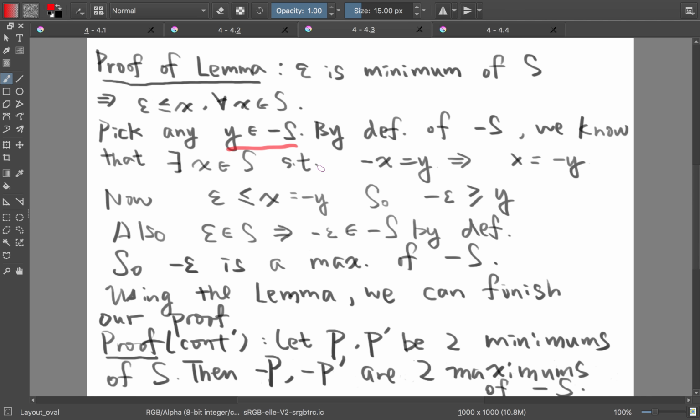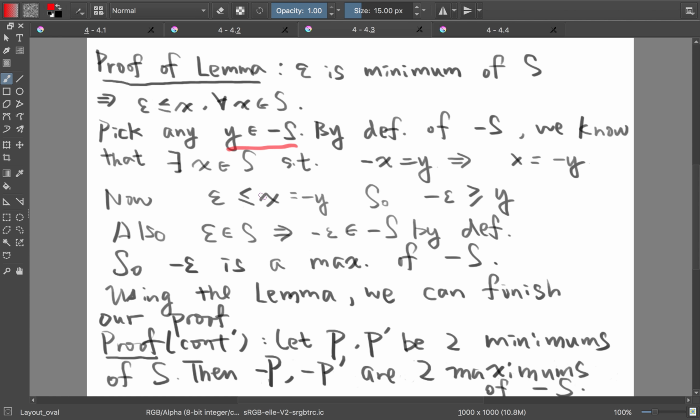So how can we do so? First of all, by the definition of negative S, we know that there exists some X inside S such that negative X is equal to Y. Well, this is just the definition of negative S. And we take the negative sign to both sides, and we get X equal to negative Y.